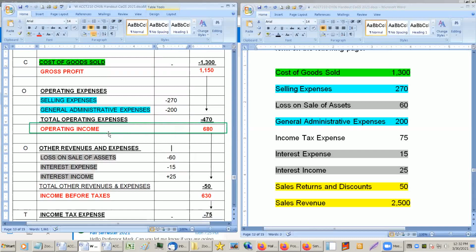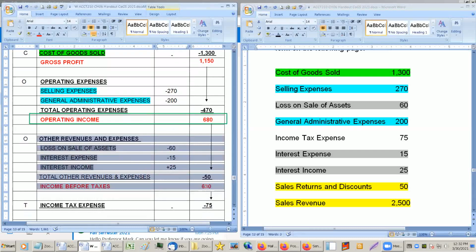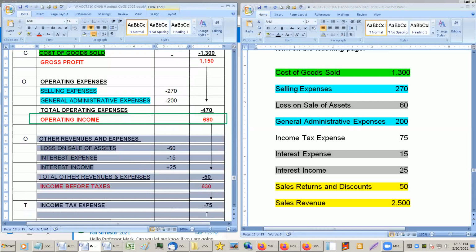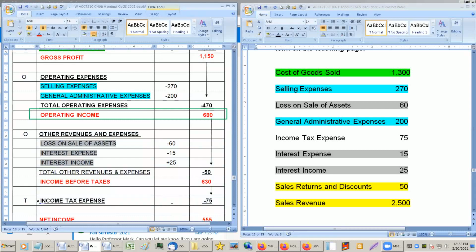This is the one that companies or analysts will focus on, because this other stuff is incidental to the business, and a lot of times you don't have too much control over it. You don't have too much control over what you sell an old asset for, or what your interest income is. And your income taxes just go by the tax code.